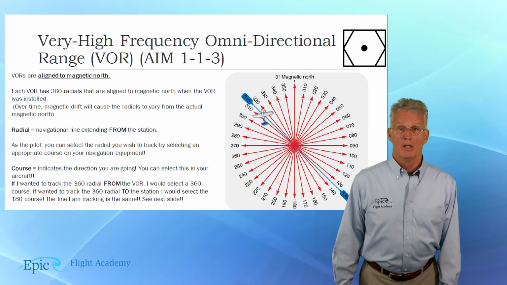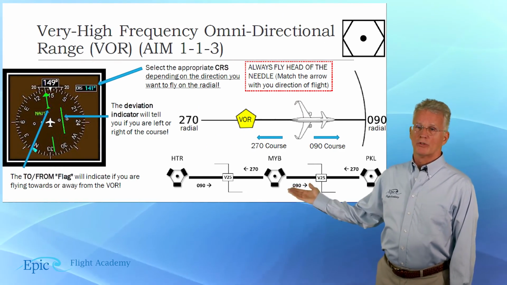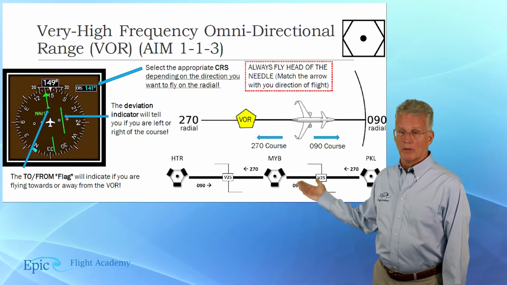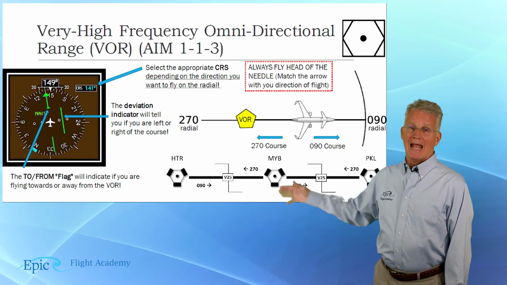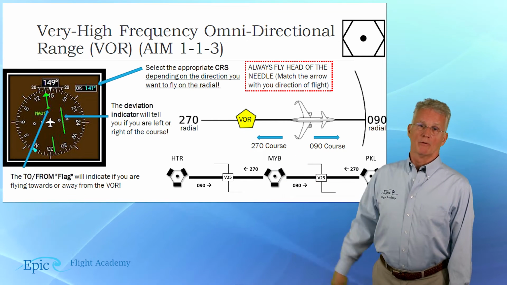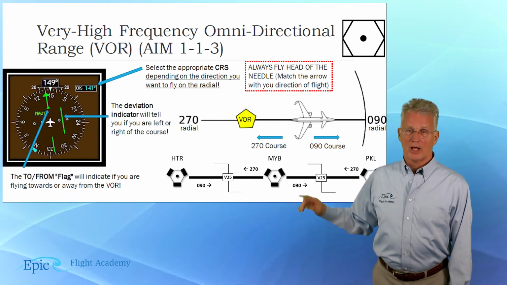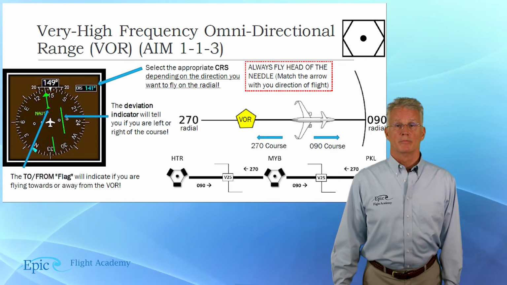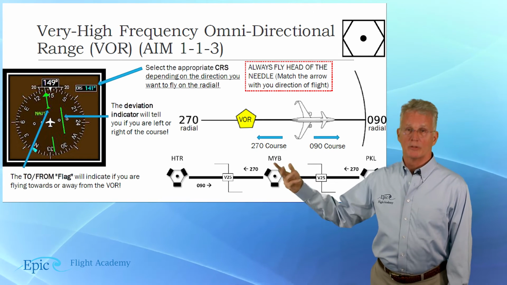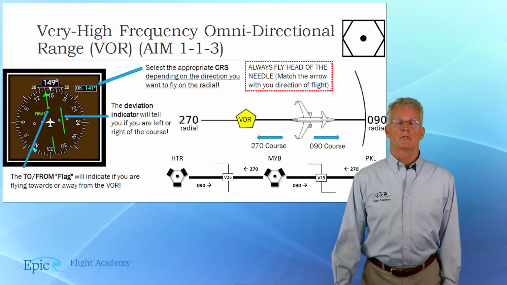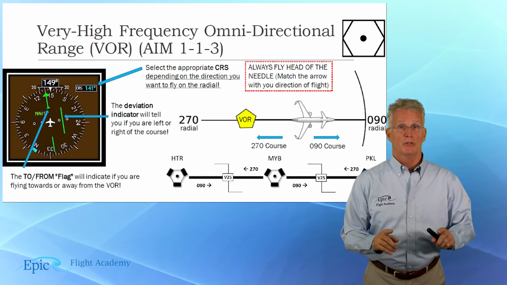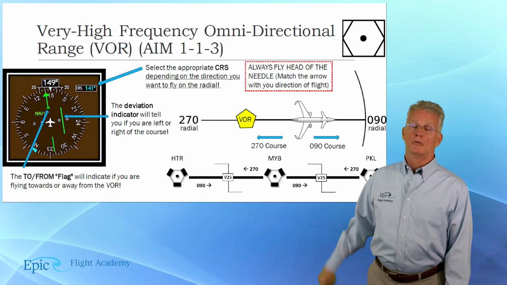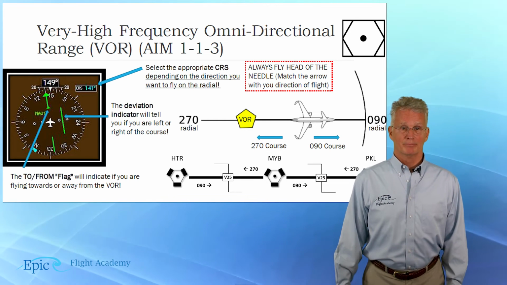In our example here, we're showing an aircraft on the 090 radial, and if he's 090 from, he's flying east from the station on that radial. If this same airplane wanted to turn around and come to the station on the 090 radial, he would have to fly 270.